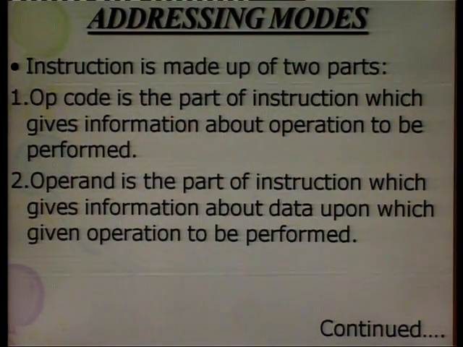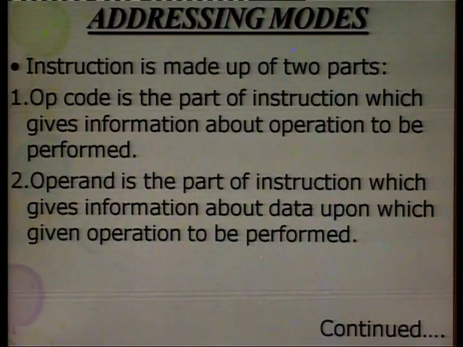Like we want to do addition, or just copy data from one place to another, or do some subtraction, or change the sequence of execution like a branching instruction, or do some arithmetic or logical operations. That information, what the instruction is going to do, is contained in the first part of the instruction, and that part is called the opcode.